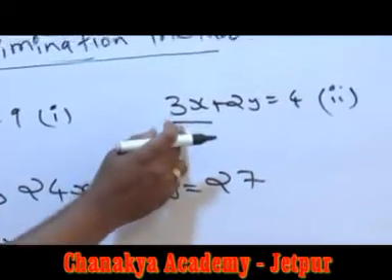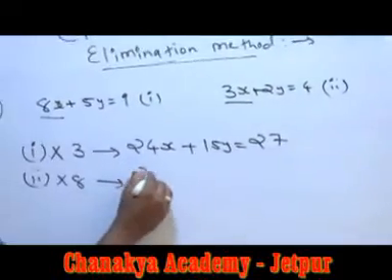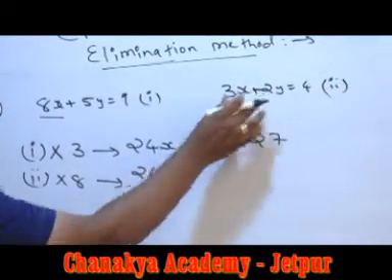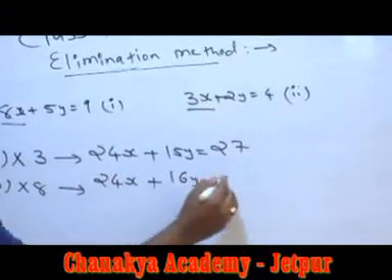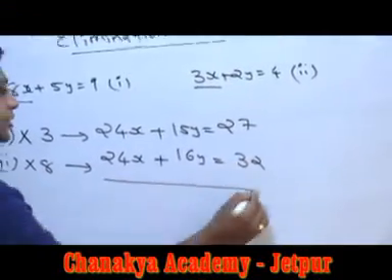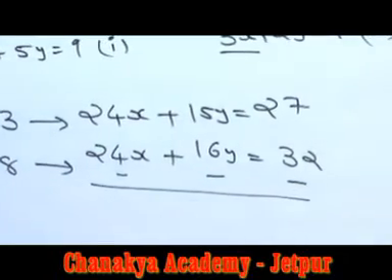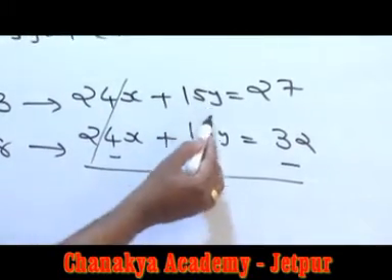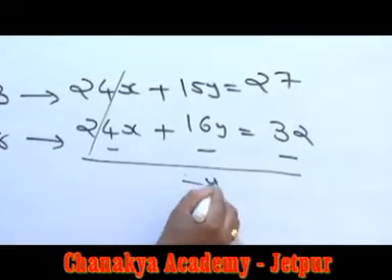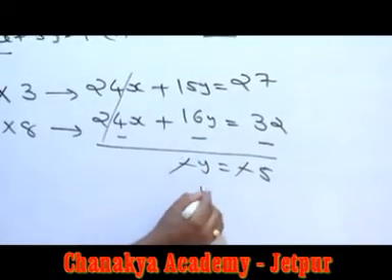Multiplying equation number 2 with 8: 3x into 8 gives 24x, plus 2y into 8 gives 16y, 4 into 8 gives 32. Changing sign, student: minus, minus, here also minus. 24x minus 24x will be eliminated, 15y minus 16y gives minus y equal to minus 5. Eliminating negative on both sides, y equal to 5.